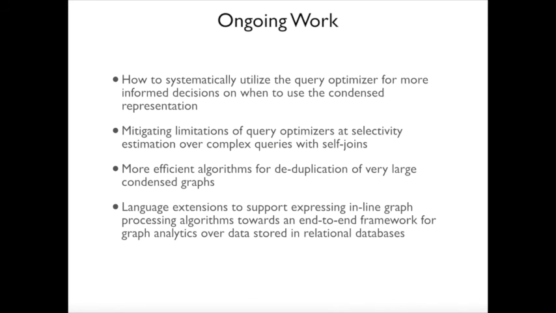GraphGen is under active development, and some of the goals in our ongoing work include to systematically utilize the query optimizer for a more informed decision on when to skip self-joins and use the condensed representation, mitigating the limitations of query optimizers at selectivity estimation over complex queries with self-joins, coming up with more efficient algorithms for deduplication of very large condensed graphs, as well as having a series of language extensions to support expressing inline graph computation towards an end-to-end framework for graph analytics over data stored in relational databases.